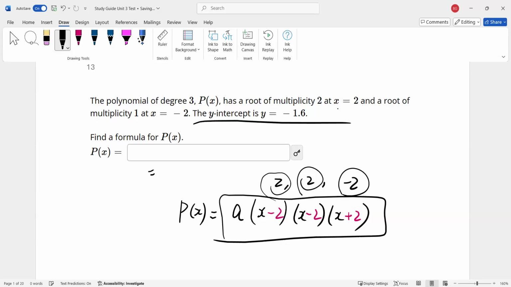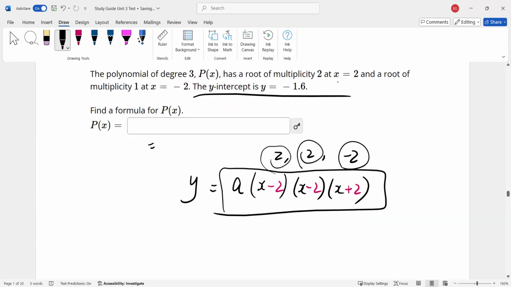The y-intercept is -1.6, so we have to solve for a by using that piece of information. We have seen a similar thing earlier in the package, right? So y-intercept is -1.6 means when x equals 0, y is -1.6. So when x equals 0, we have -2, -2, +2 equals -1.6.